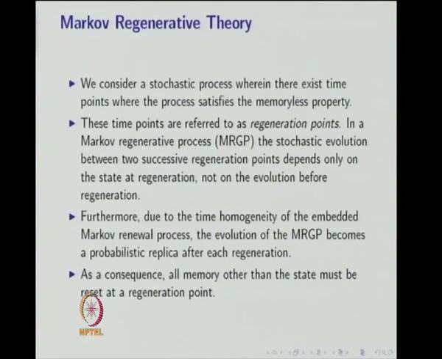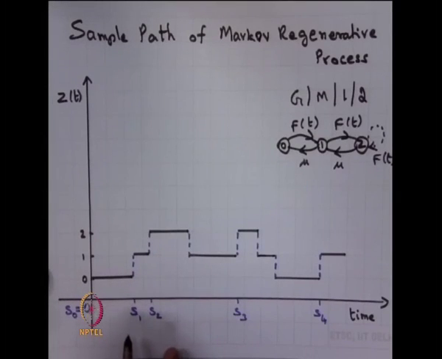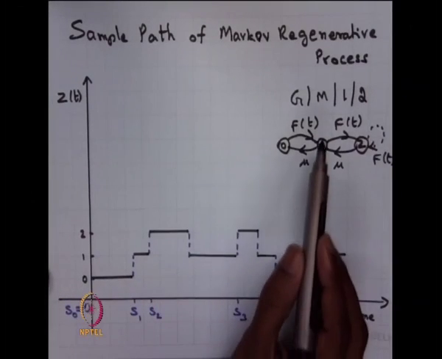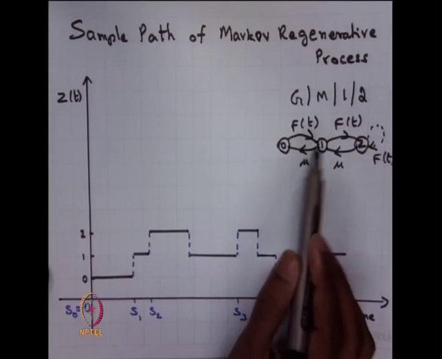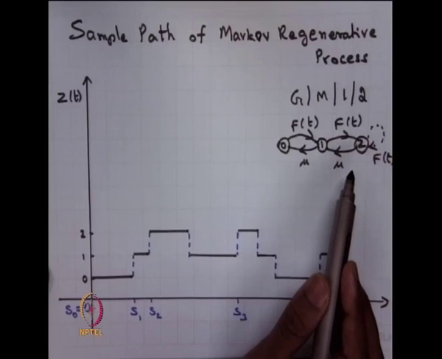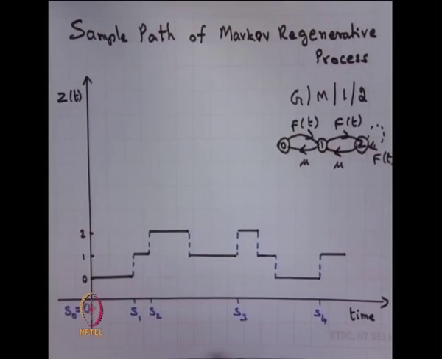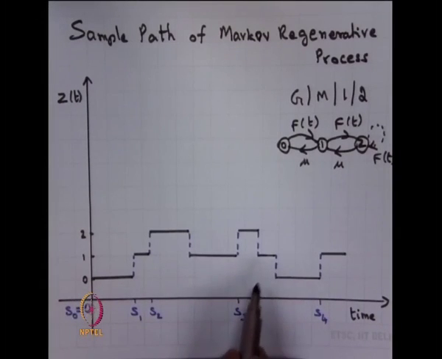Therefore, this stochastic process is called a Markov regenerative process, and I have made a sample path for a Markov regenerative process with this example, because we are going to consider the same example later. So, here S1, S2, S3 are the regeneration time points, not the time instants at which the service completes.